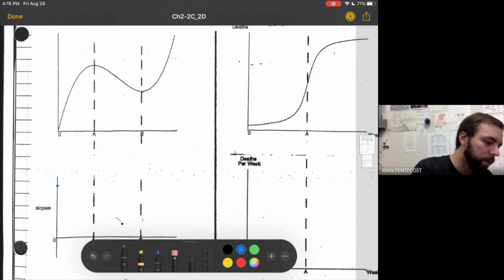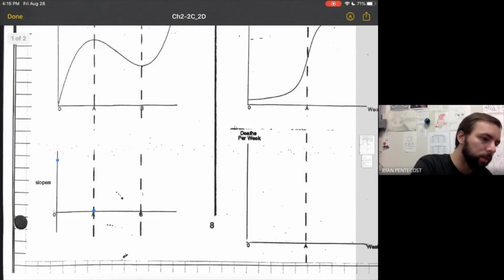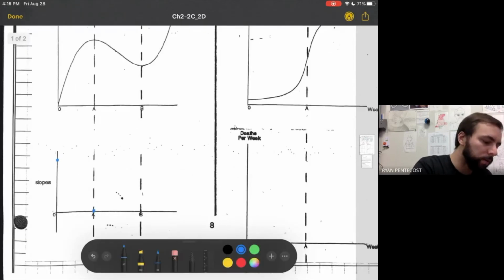So then there you hit 0. Then your slope becomes negative. So we need to put a negative down here. This is the most negative the slope gets, right in the middle. And then at the dotted line, it again returns to 0. And then the slope continues to increase.